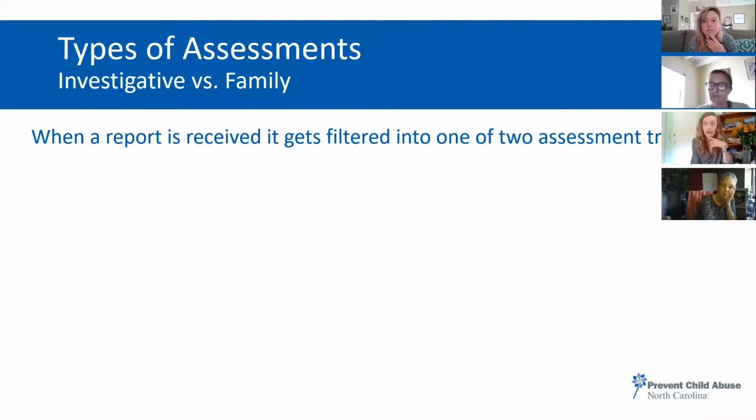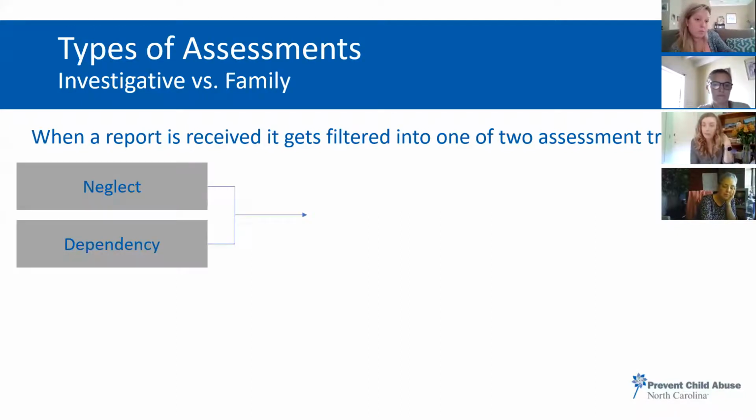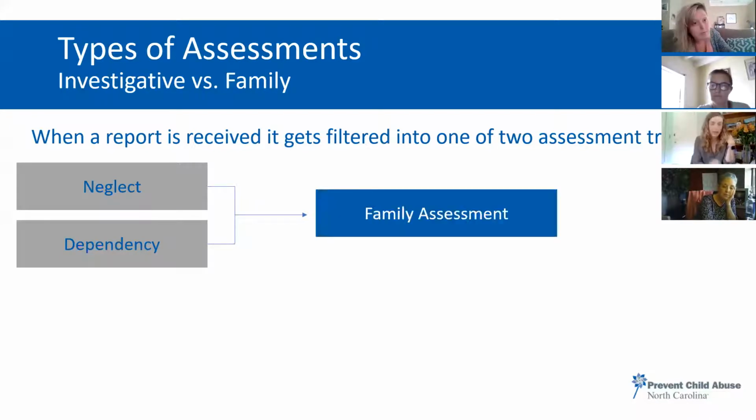So the first critical thing to understand about the data on the website is that it is actually reporting results from two different types of assessments. When CPS gets a report, there are two possible tracks that it gets filtered into. If the report is a case of neglect or dependency, it gets filtered into the family assessment track.